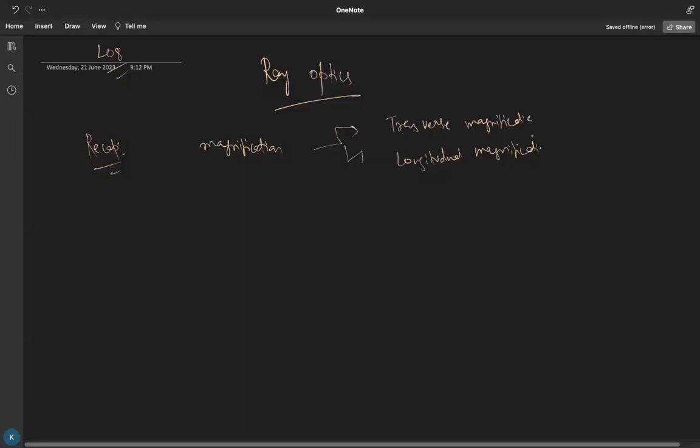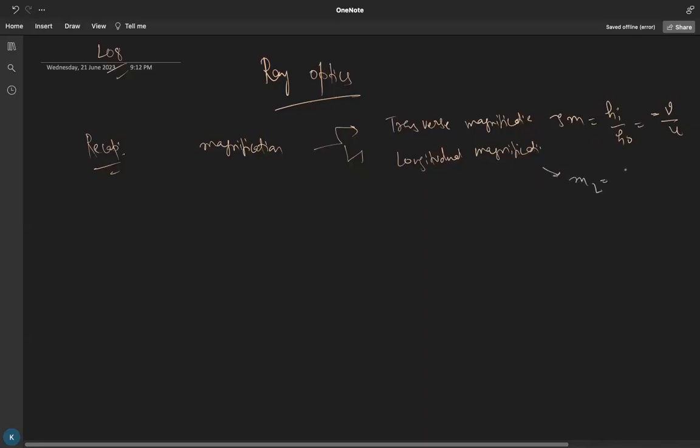Right. So what was the relation? First I'm going to write what the transverse magnification formula is. It's simple: height of image by height of object is equal to minus the distance of image from pole divided by distance of object from pole. And what is the formula for longitudinal magnification?